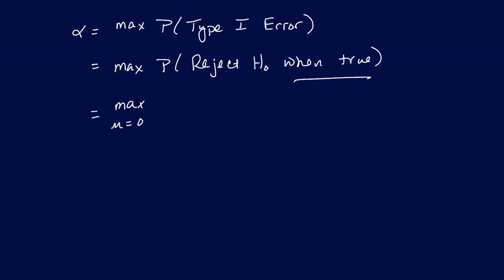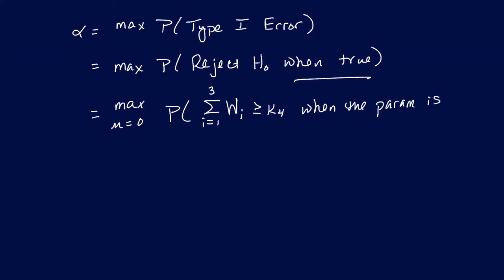But this is going to be the maximum over all mu equal to 0 of the probability we reject the null hypothesis, and that means that the sum as I goes from 1 to 3 of the Wi is greater than or equal to some k4 to be determined when the parameter is mu.